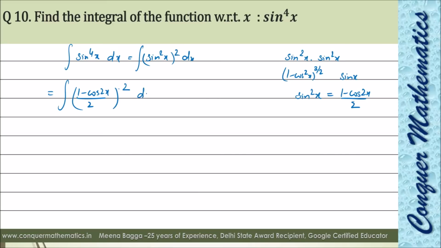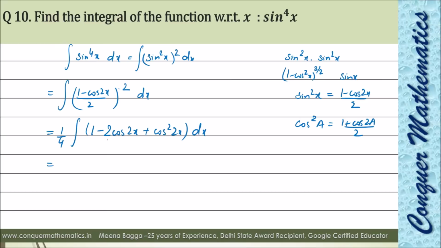Now the formula for a minus b whole square. 2 square is 4, we are keeping it outside. Now 1 minus cos 2x whole square will be 1 minus 2 cos 2x plus cos square 2x. Cos square 2x again can be written as: cos square a is nothing but 1 plus cos 2a divided by 2. So we can easily integrate these functions.